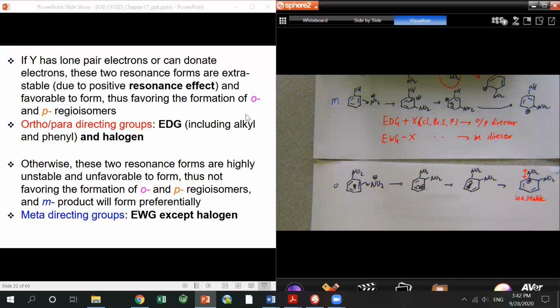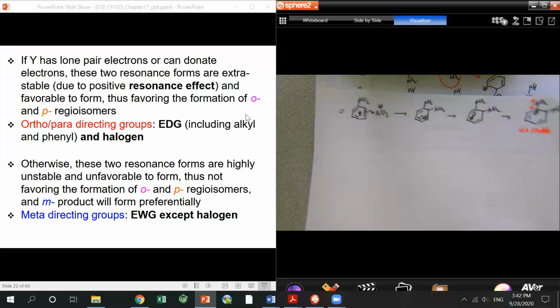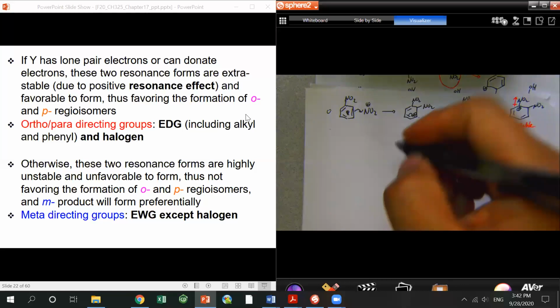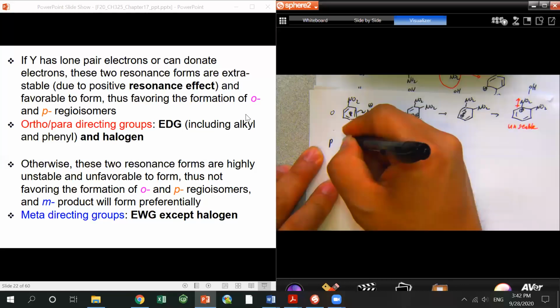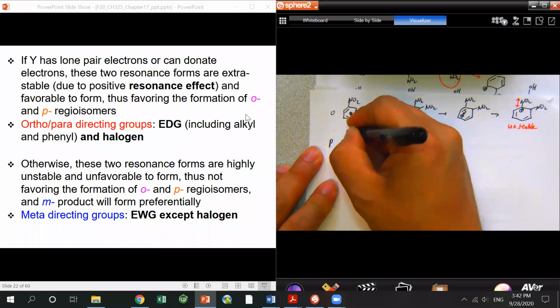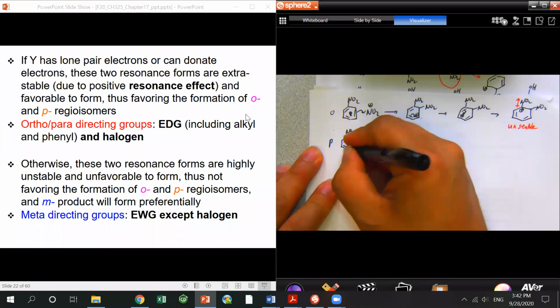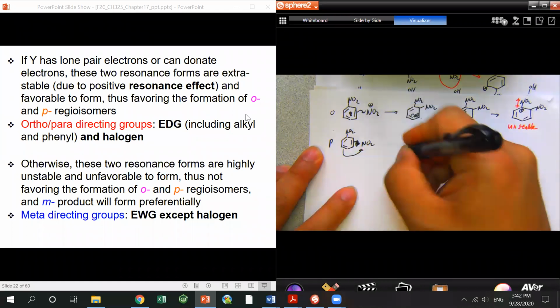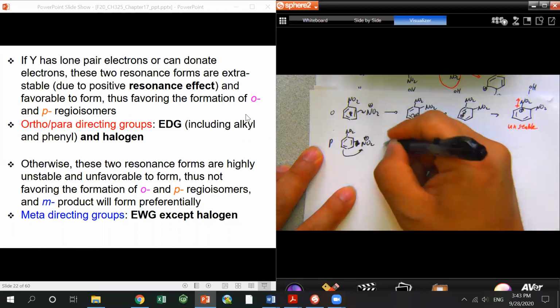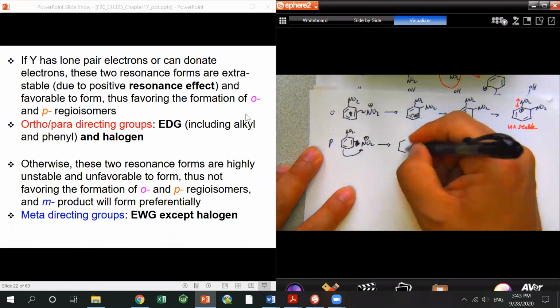And similarly, if you want to quickly draw the para product, we do this bond, and you also generate three resonance structures.